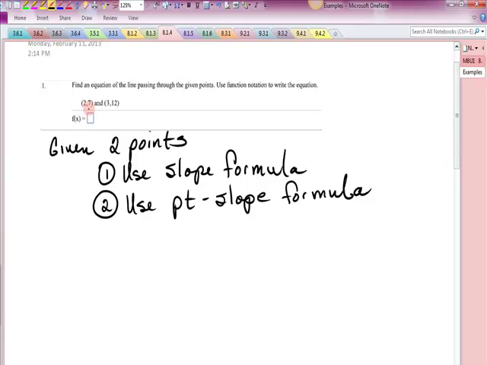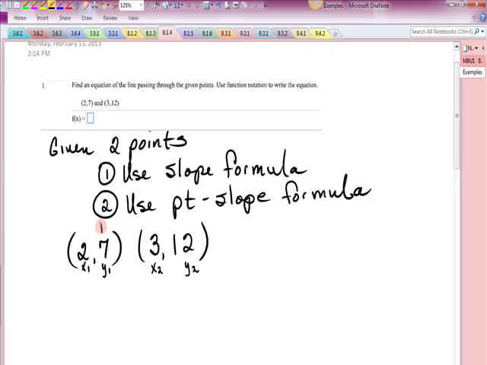All right, we are given 2 points. Let me rewrite those. I have 2, 7, and I have 3, 12. One of them is point number 1, and one of them is point number 2. So I'm going to call this x1, y1, and I'm going to call this one x2, y2. And I hope you remember this from a previous class where you found the slope.